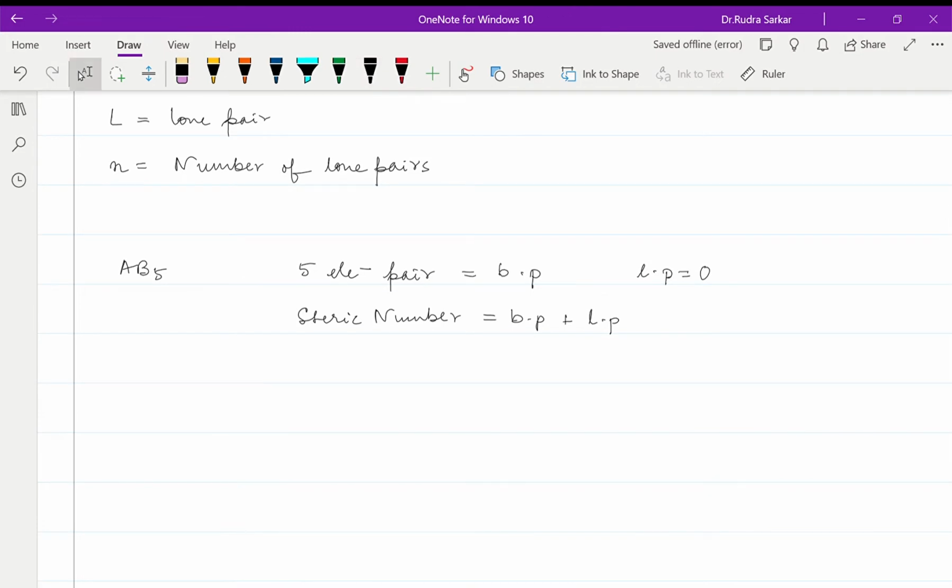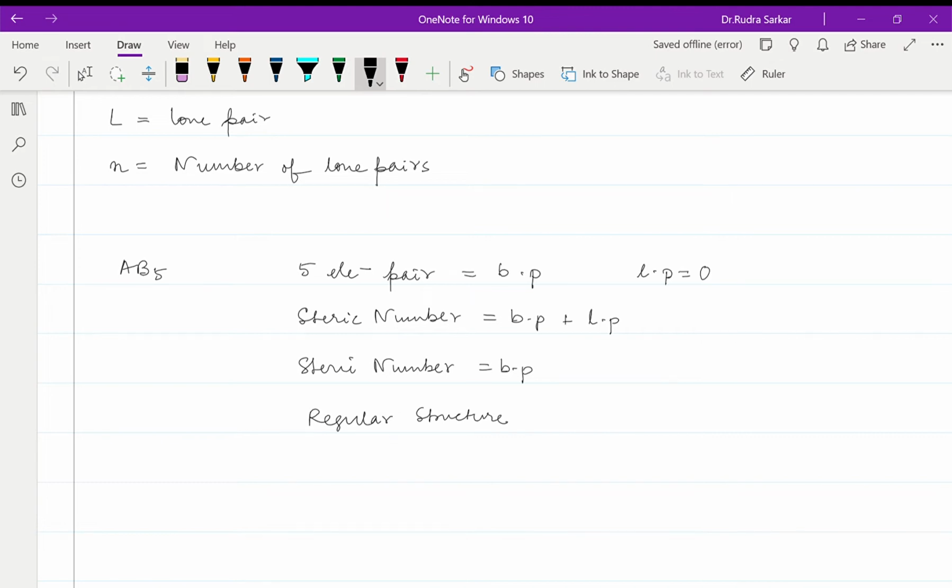Okay, and if the steric number is equal to the bond pair, then we say it is a regular structure.